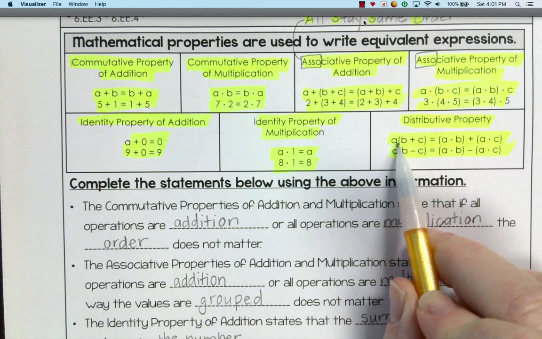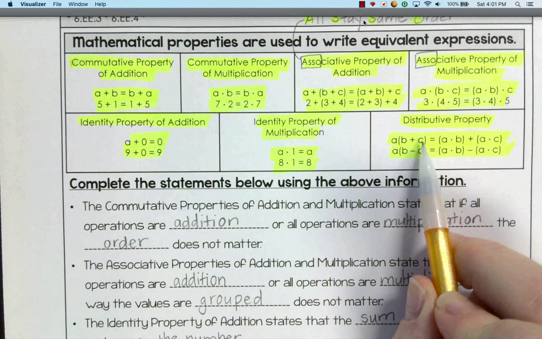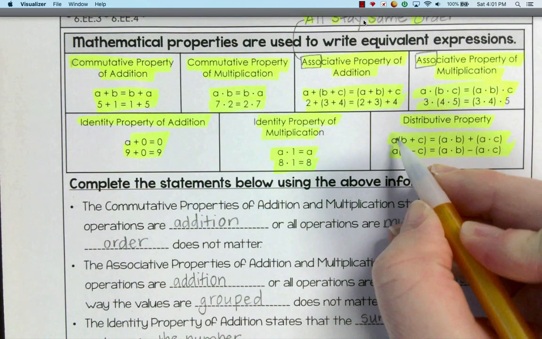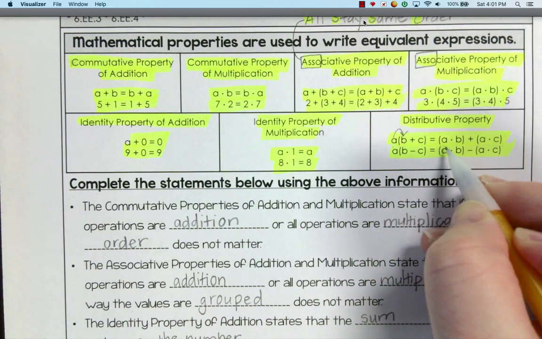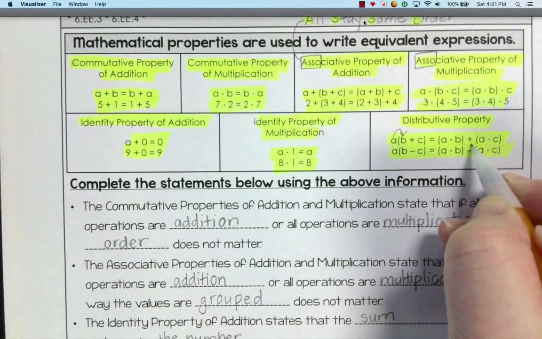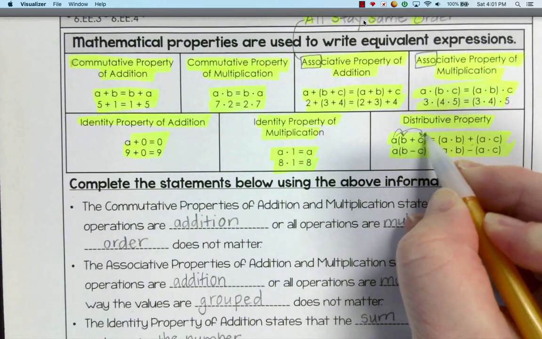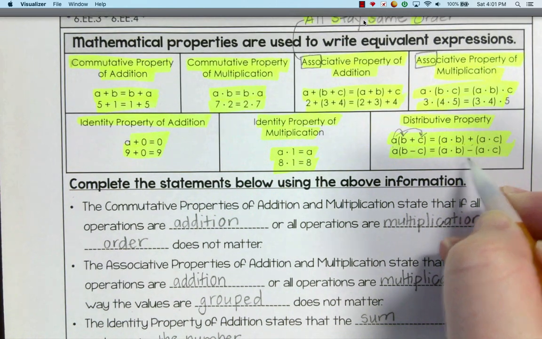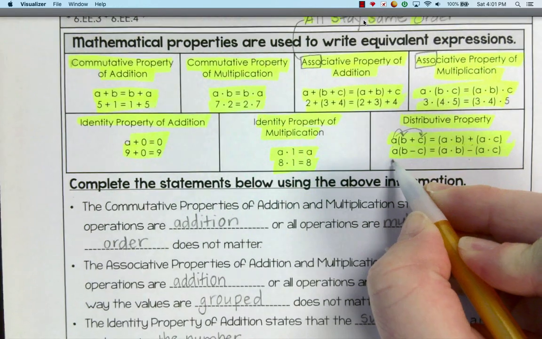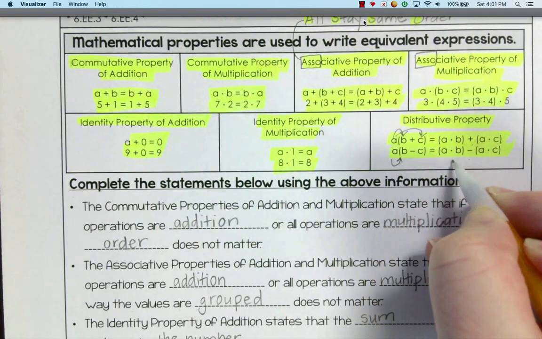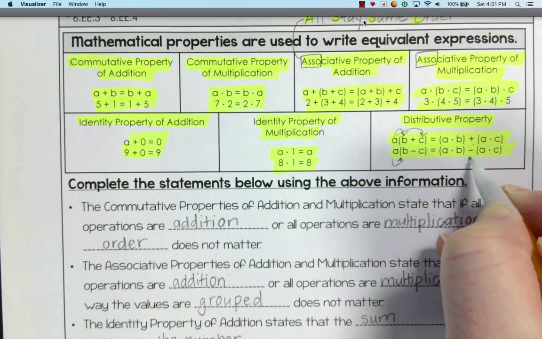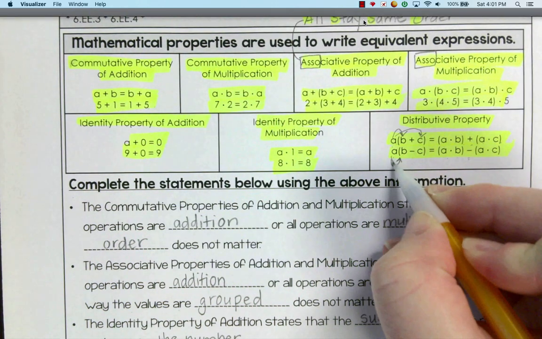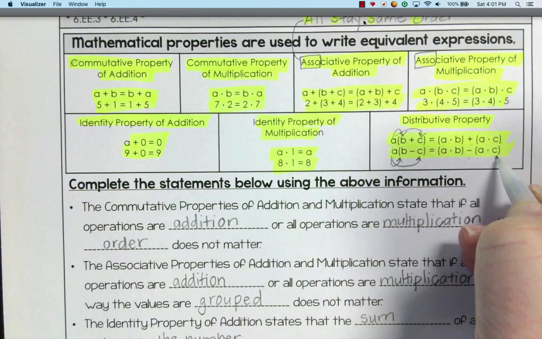So A times, parentheses, B plus C. To distribute, new parentheses, A times B, plus A times C. And the same thing with subtraction: distribute A times B, minus A times C. All right?